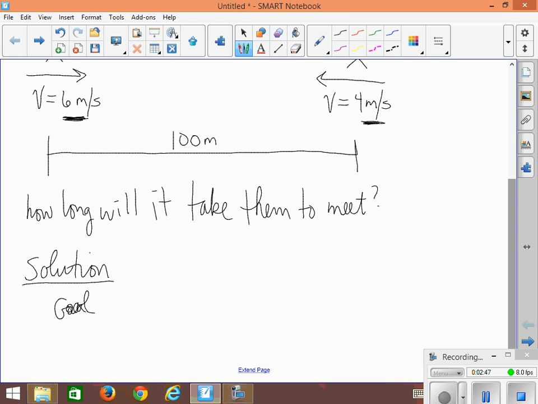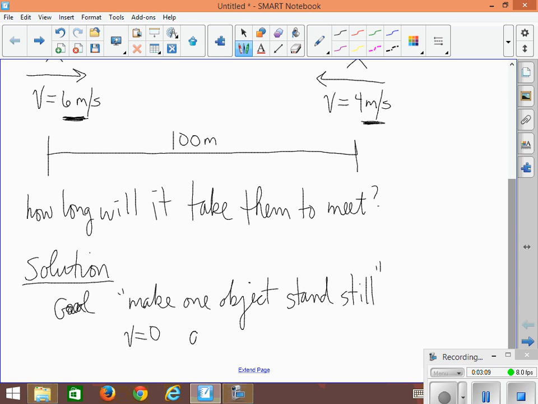Our goal is to make one of the objects stand still. That's basically the strategy. In other words, we want their velocity to be 0, and of course their acceleration has to be 0 in order for them to be standing still.